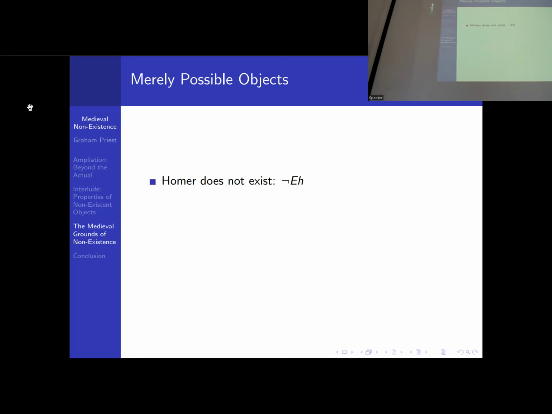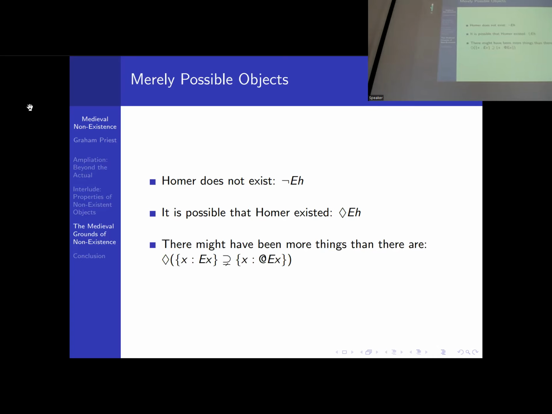If you're a negative free logician, you can get out of this example for non-existent objects, but it's harder to get out of the claim that it's possible that Homer existed, because for this to be true, "Homer exists" has got to be true at some possible world.